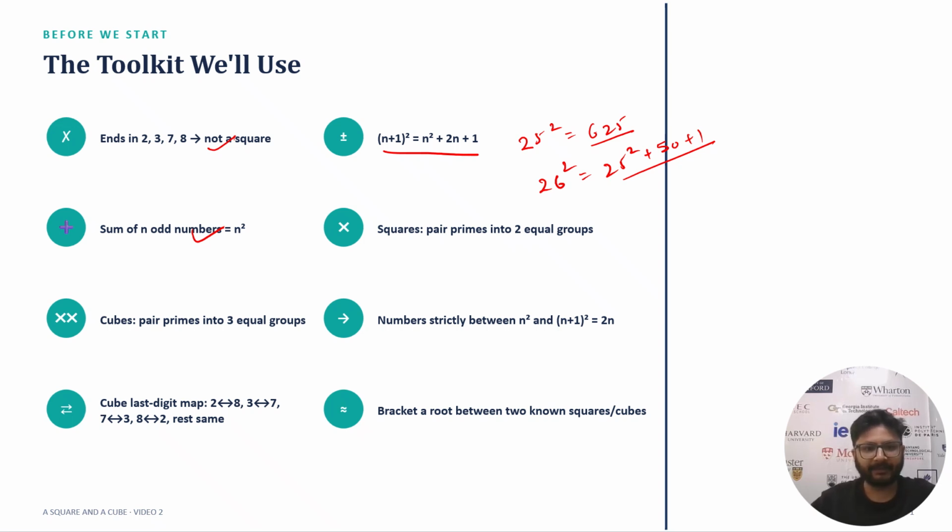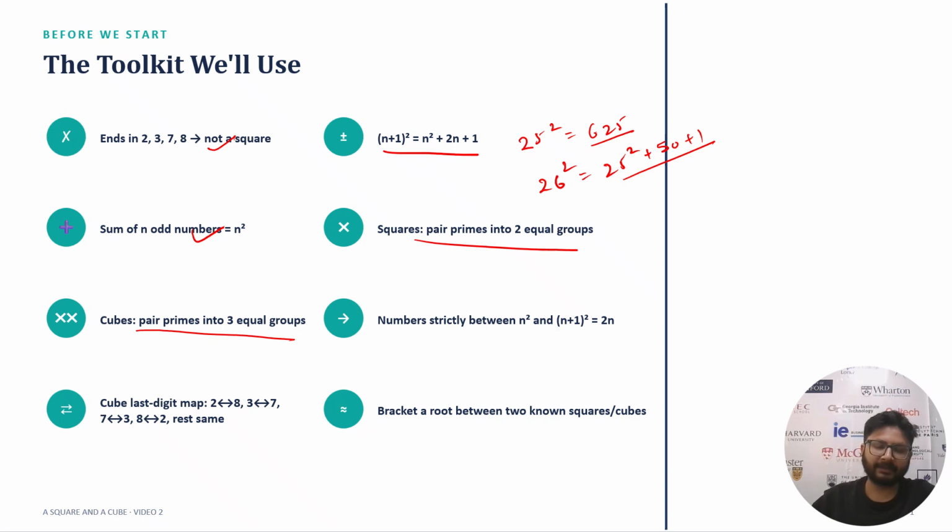Then if I want to find the square root of a number, prime factorization can help me a lot. We have discussed it in the previous video. After that, we talked about cubes also. If I want to find the cube root of a number, I'll first calculate the prime factorization of that number.